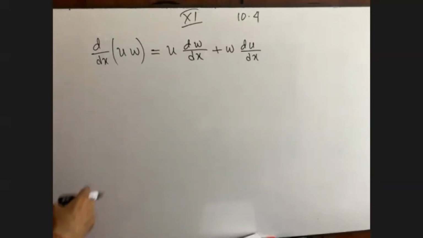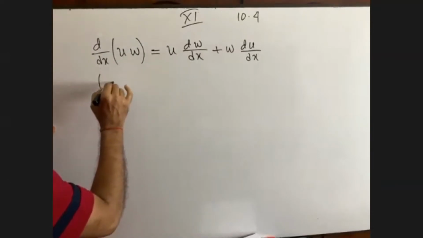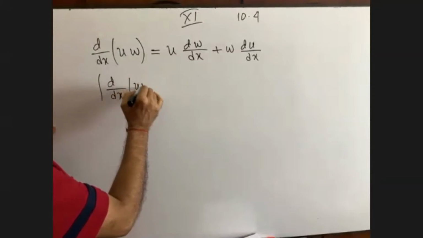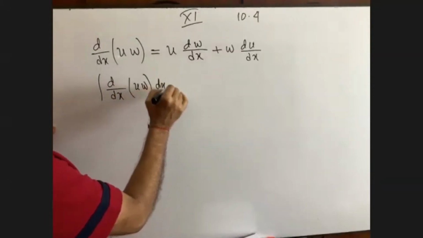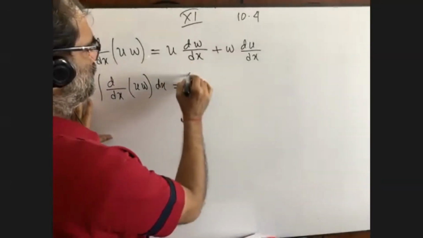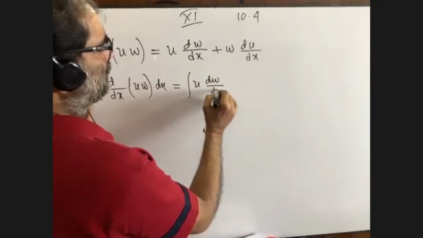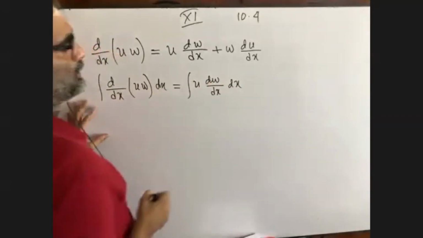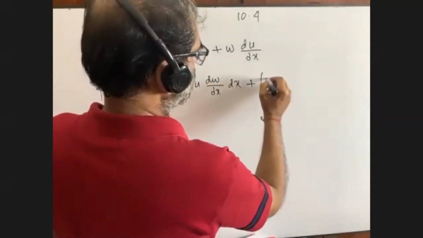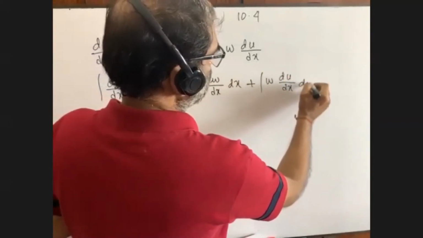If we integrate, then what is happening here, you see: integration sign d by dx of uw dx is equal to integration sign u dw by dx dx, plus integration sign w du by dx dx.